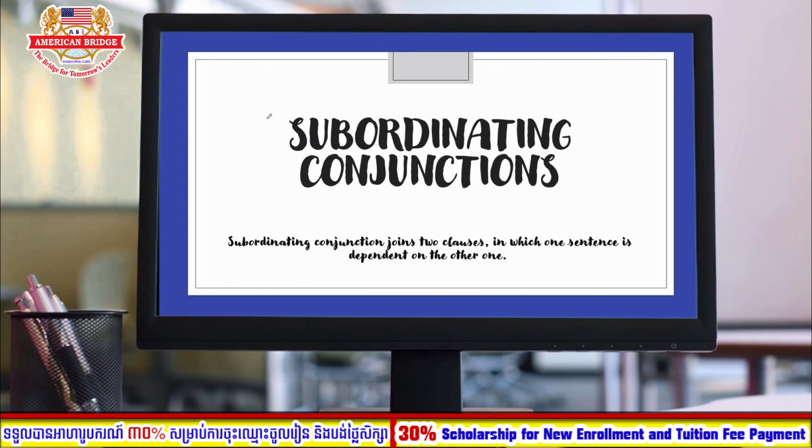Now let's look at the other type of conjunction, which is the subordinating conjunction. Again, coordinating conjunctions link two independent clauses together. However, subordinating conjunctions join two clauses together, in which one is dependent on the other, which means one is an independent clause and another is a dependent clause.